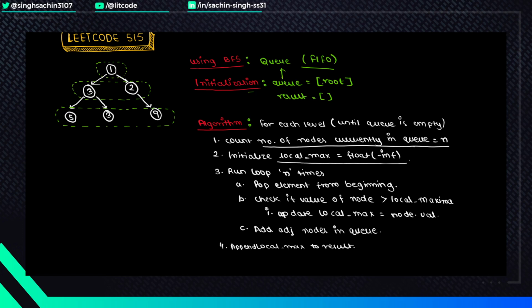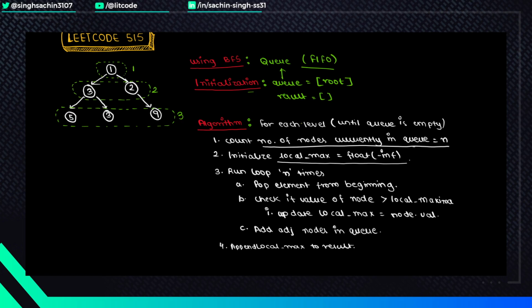And we will initialize it with the root node because we'll have that as a starting point. They have asked us for an array of the largest node value in each level. So for example, this is level 1, level 2, level 3, right? So we have initialized an empty array over here.